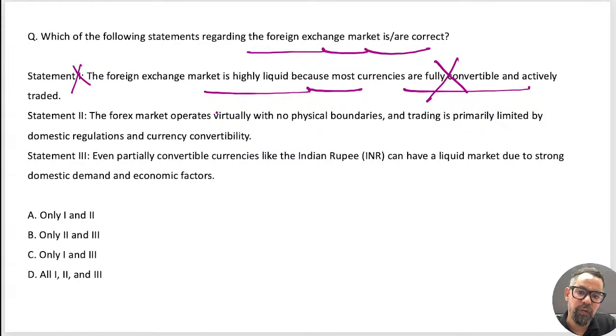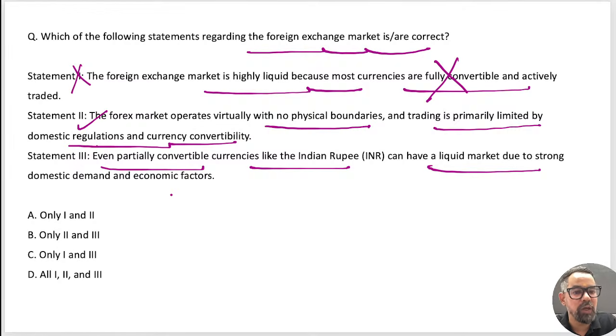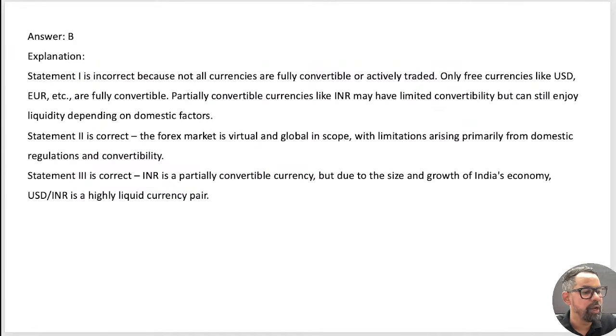Second, the forex market operates virtually with no physical boundaries, and trading is primarily limited by the domestic regulation and the currency convertibility. This should be correct. The third one, even partially convertible currencies like INR can have a liquid market due to strong domestic demand. True. So 2 and 3, option B should be the right answer.